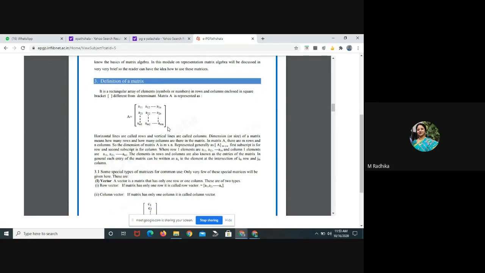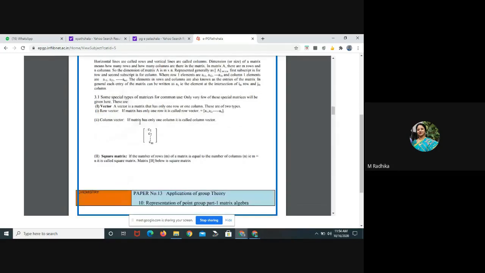You can see a printed form on your screen. It has all the elements of the matrix, and you call these rows, which are horizontal, and these columns, which are vertical.